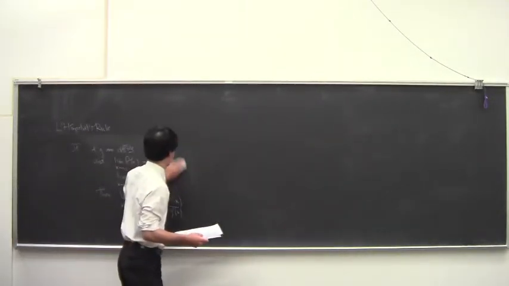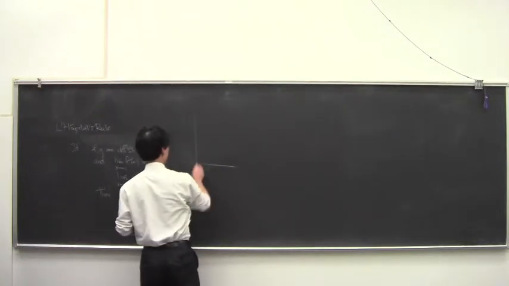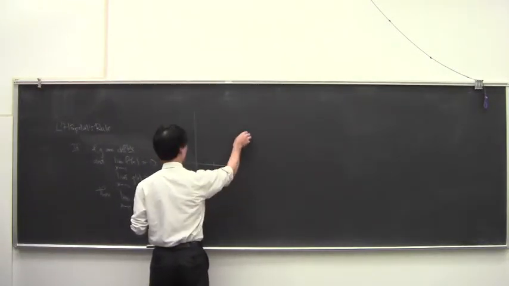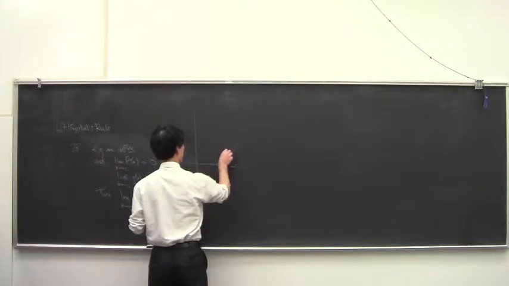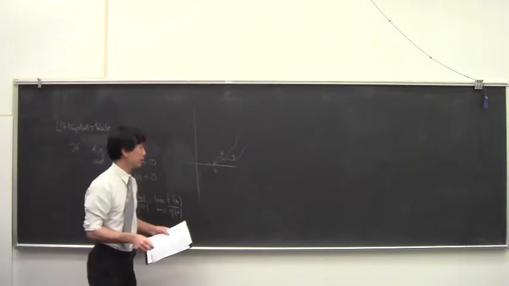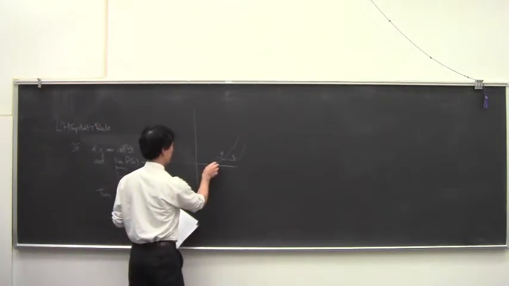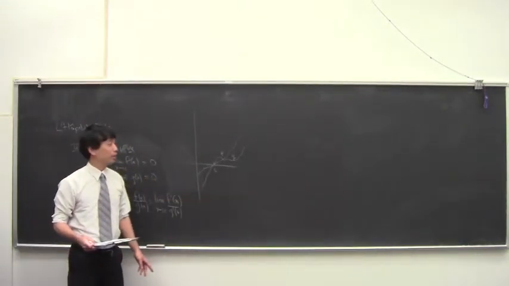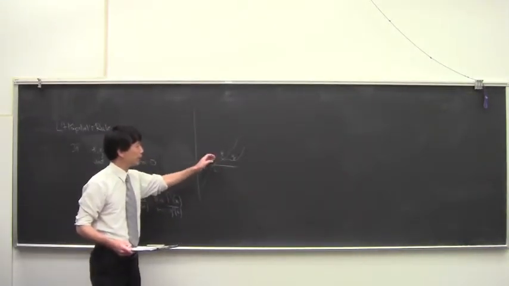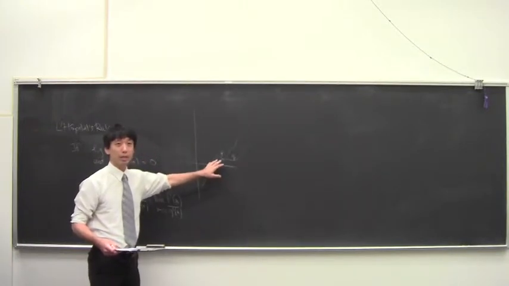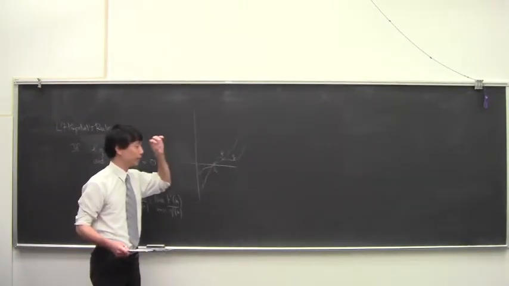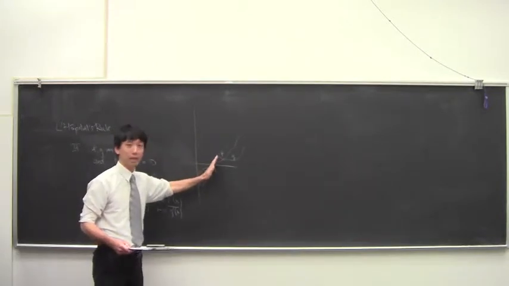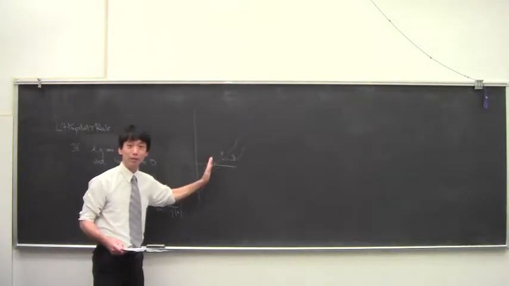The picture is like this. You have a c here. You have two functions, f and g, say, and they're both approaching 0 as you approach c. What you're saying is that if they're both approaching 0, then the limit of their ratio is actually the limit of the ratio of the velocities.